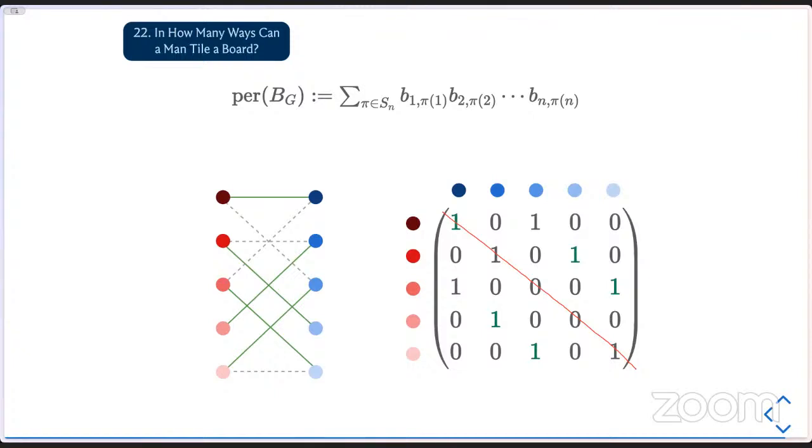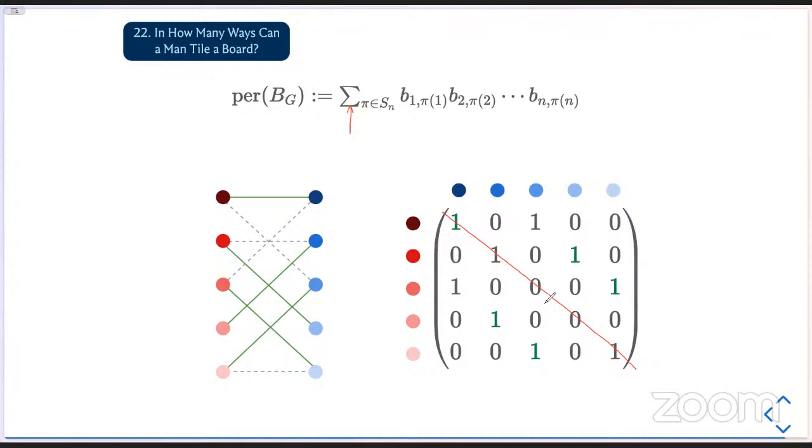Yeah, that's exactly a zero. So when you're looping over all possible permutations in this sum here, and you encounter the identity permutation, you get the product of these terms, but there is a zero in there, so that's going to be zero.